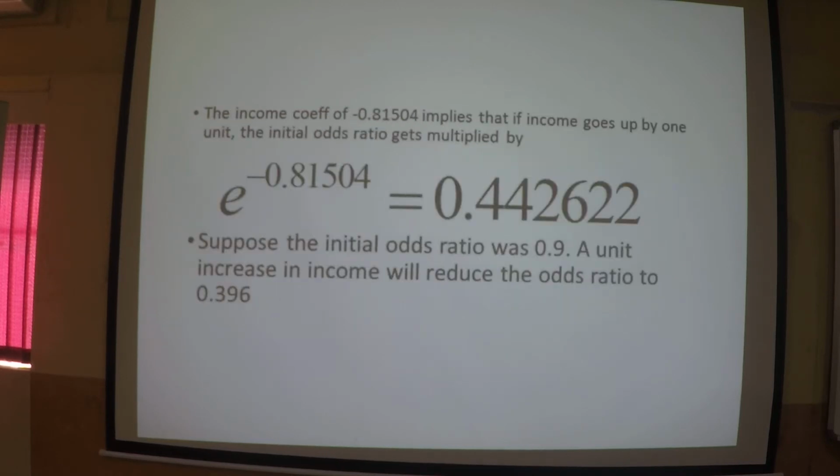In this case, for example, the income coefficient of minus 0.815 implies that if income goes up by 1 unit, the initial odds ratio gets multiplied by e raised to minus 0.81504, which is equal to 0.442622. So suppose the initial odds ratio was 0.9, then a unit increase in income will reduce the odds ratio to 0.39. That is how you interpret the coefficients beta j.